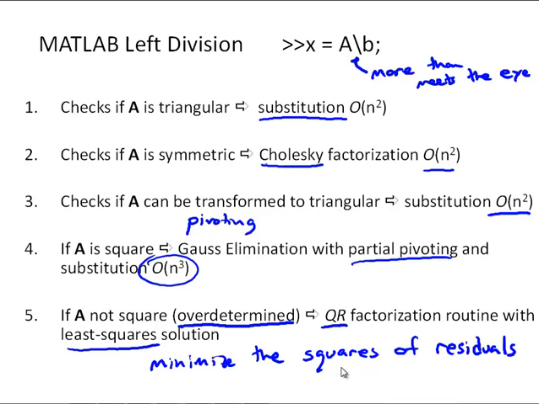In MATLAB's matrix inverse algorithm, it does use LU factorization to do that, but ultimately it has more computational cost than left division and does not check whether it can take a quicker substitution approach or Cholesky factorization approach. So again, matrix left division is our preferred method for linear systems. And that concludes this video.